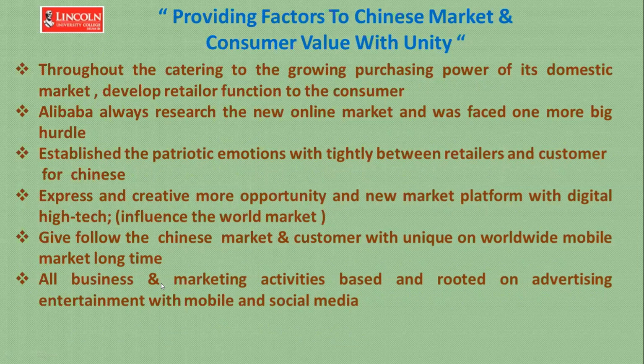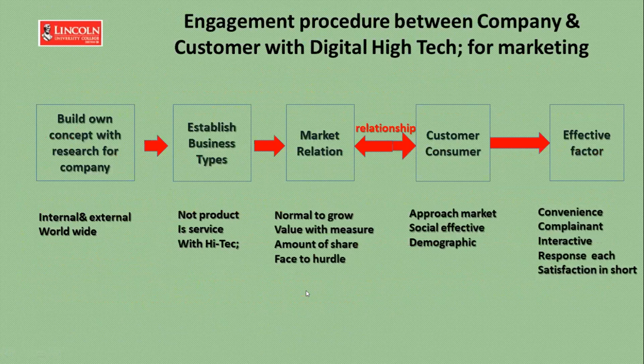All business and marketing activity is based and rooted on advertising and entertainment with mobile and social media. Engagement procedures between company and customer with digital high-tech are how Jack Ma made Alibaba.com. Firstly, build all concepts with research for the company.